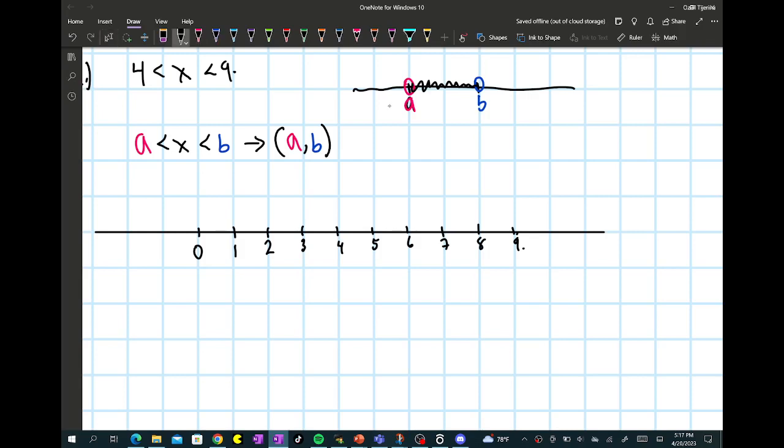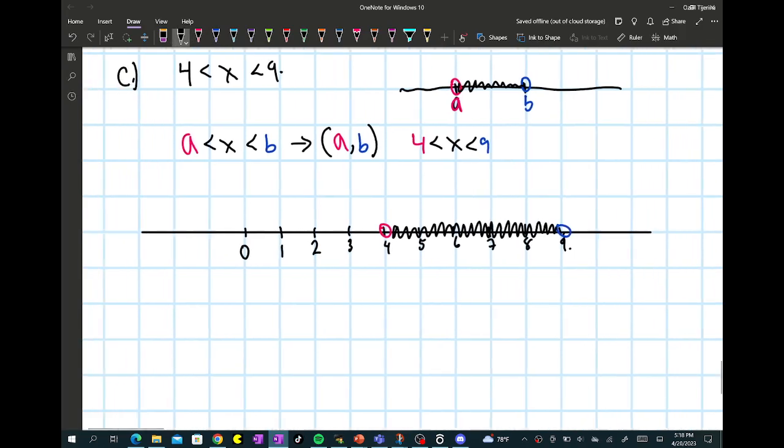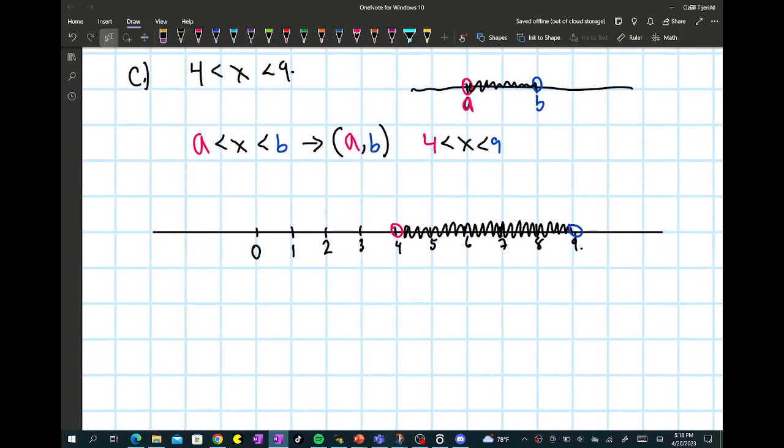So we have 4 less than x, so obviously 4 less than x less than 9. So it'll be from 4 like that, and then to 9. So we're going to go like this, right? And just going to shade in between, right? Okay. And that is how you would do that.